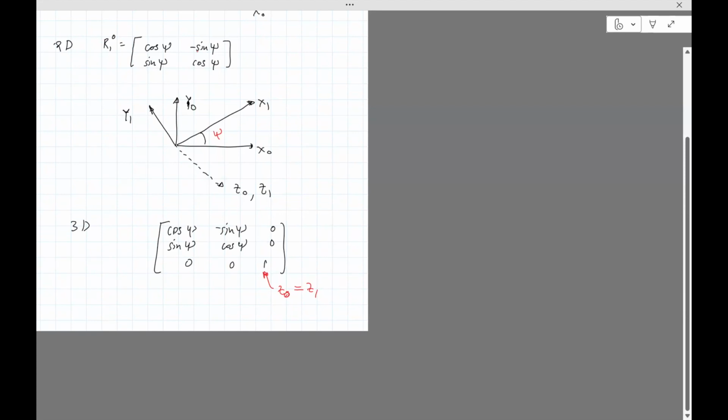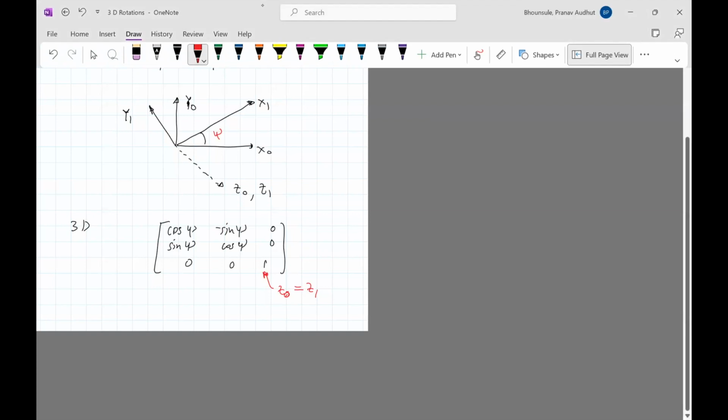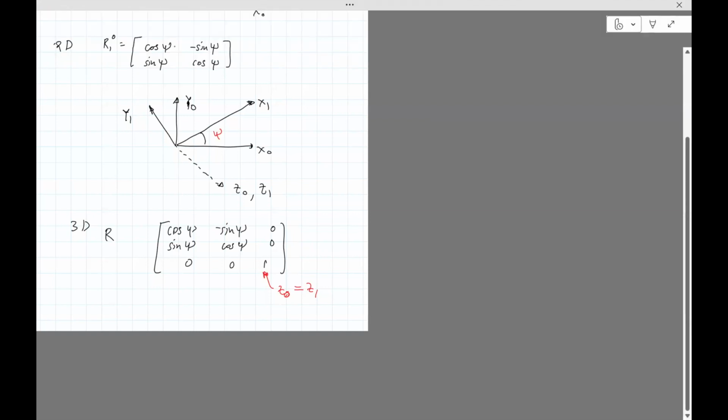We really don't show it in 2D motion because we don't look at motions in the z direction. But here we will, because we will look at rotations about z, along x, along y, and so on. So what I'll call this matrix is now R. It's a function of psi, but it's rotation about the z-axis, so I'll put a z there. Okay, so this is my 3D rotation versus 2D.